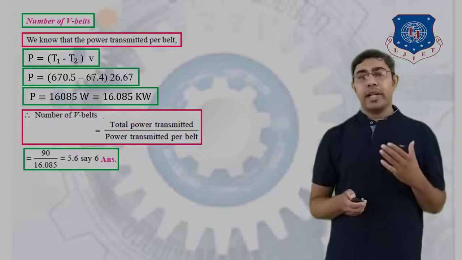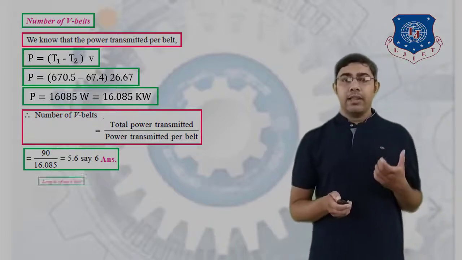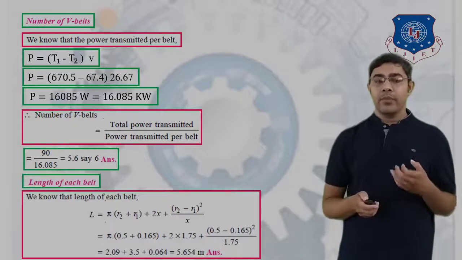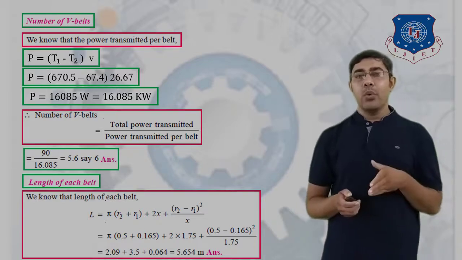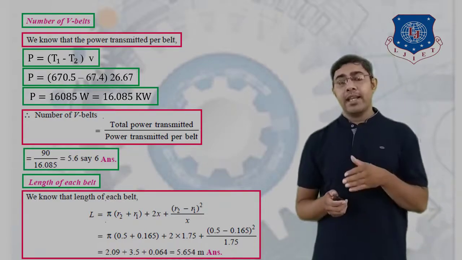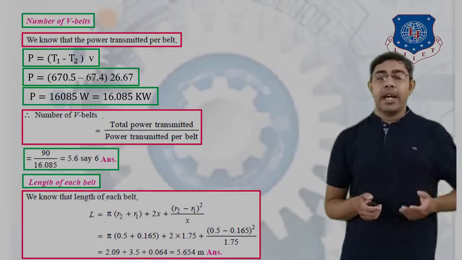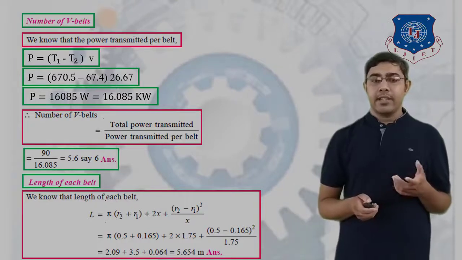Now next we have to calculate the length of belt. For the length of each belt, we have the equation L is equal to pi into R2 plus R1 plus 2x plus R2 minus R1 whole square divided by x. Here R2 and R1 are the radii of the pulleys, and x is the center distance of the pulleys.